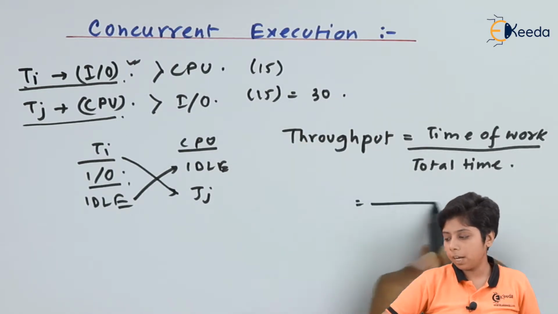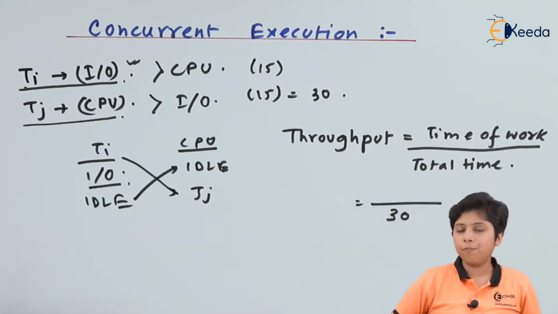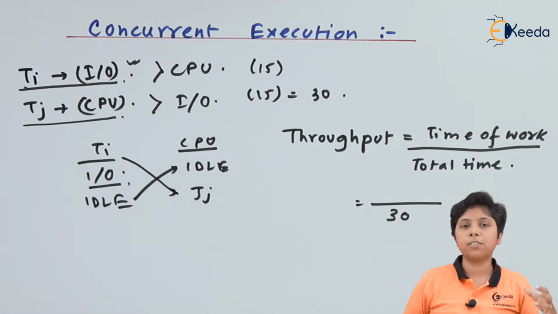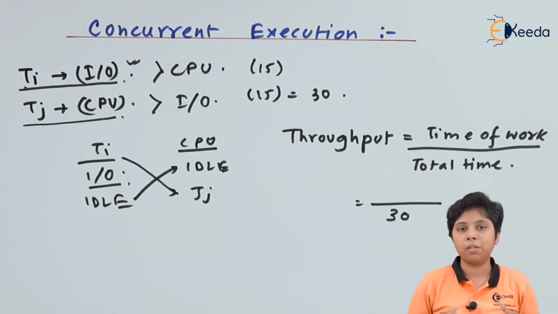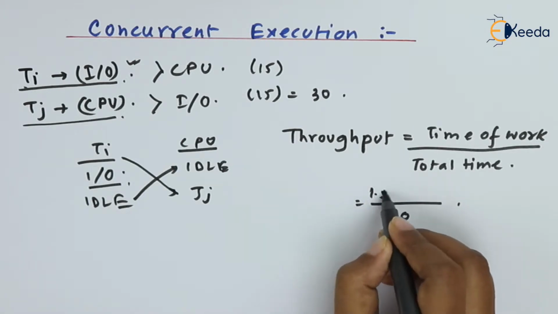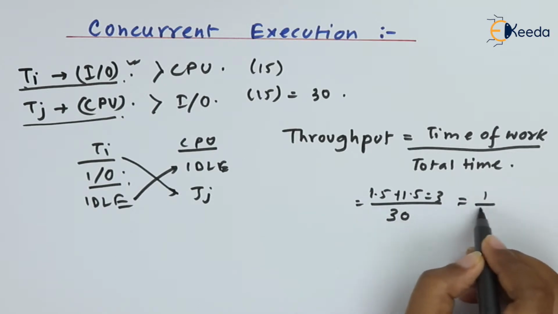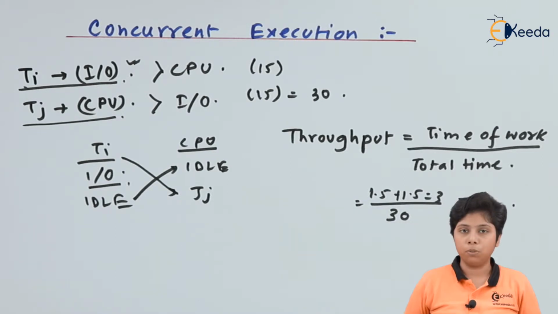If they are executed on a concurrent basis, say 10% of TI and 10% of TJ happen at the same time, that means 1.5 plus 1.5, that is 3 by 30. So 1/10 is my throughput.